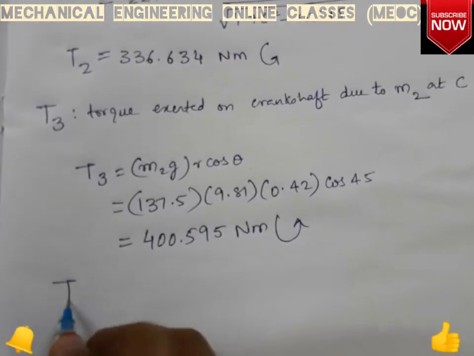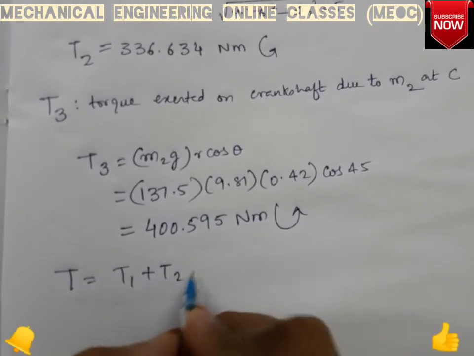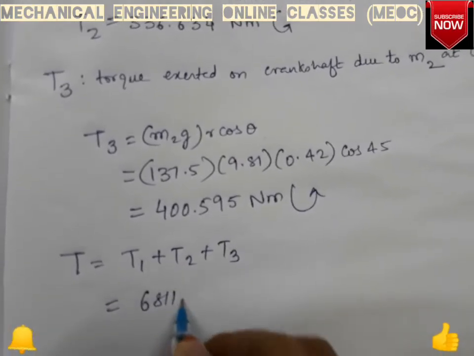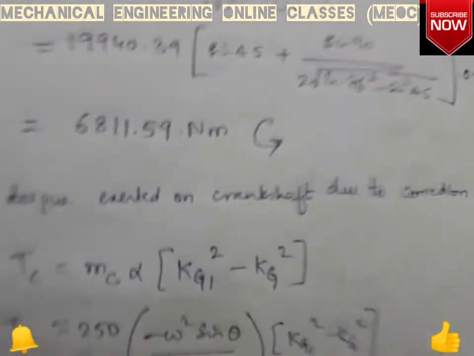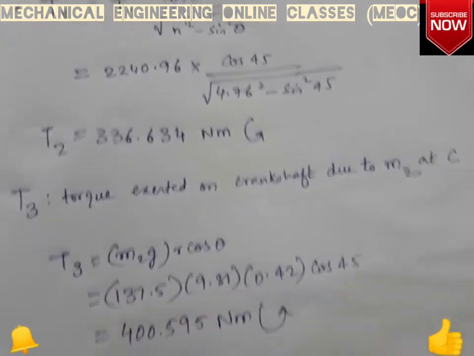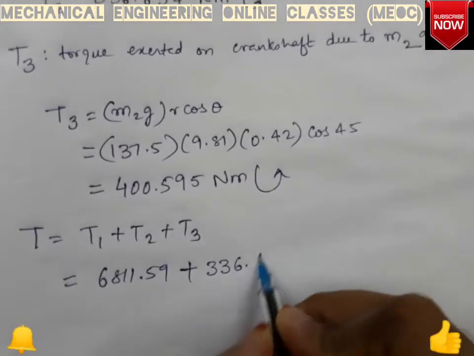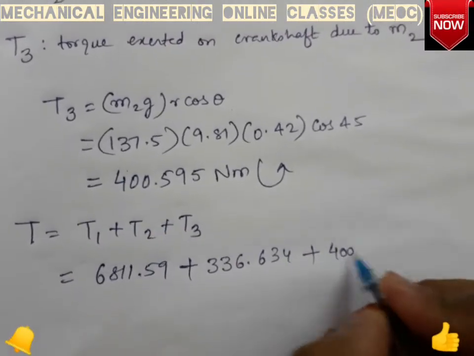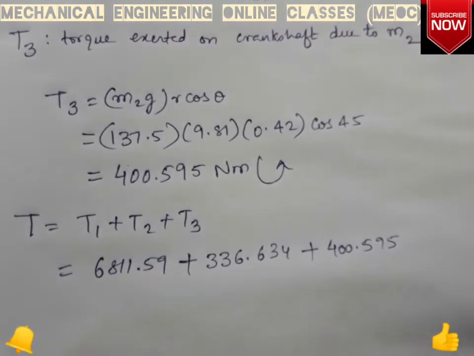So the total torque T will be equal to T1 plus T2 plus T3. T1 is obtained as 6811.59 Newton meter, plus T2 is 336.634, plus T3 is 400.595 Newton meter.